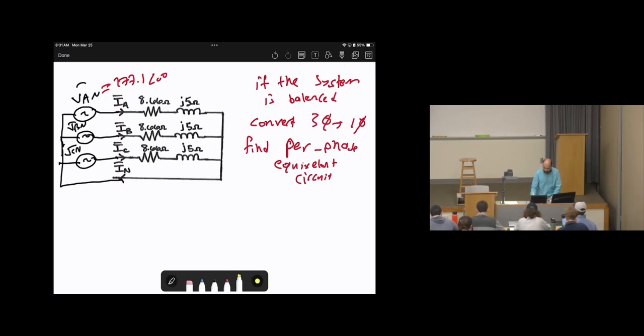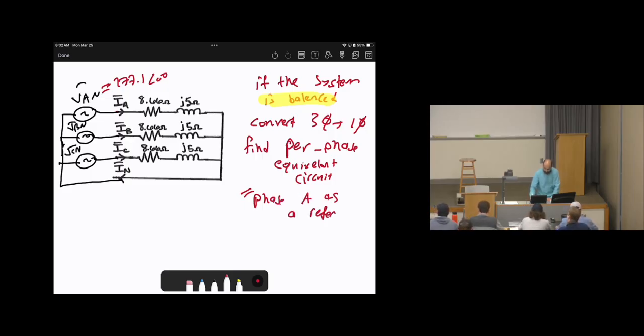Keep in mind this is true if and only if it is balanced. So what do I mean by per-phase equivalent circuit? In other words, take phase A as a reference.